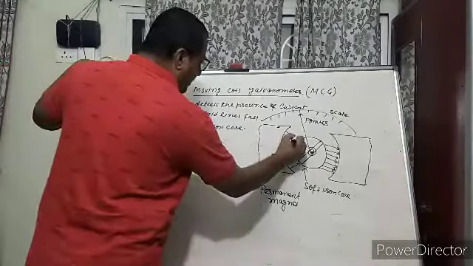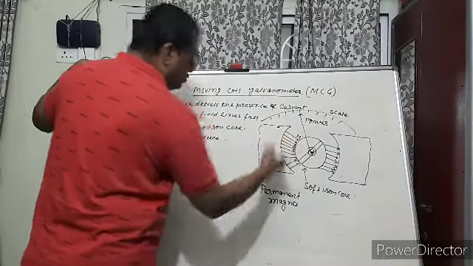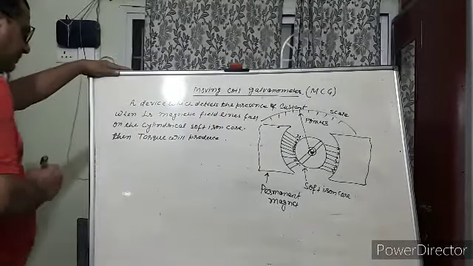It is falling at 90 degrees. It is also called a radial magnetic field.